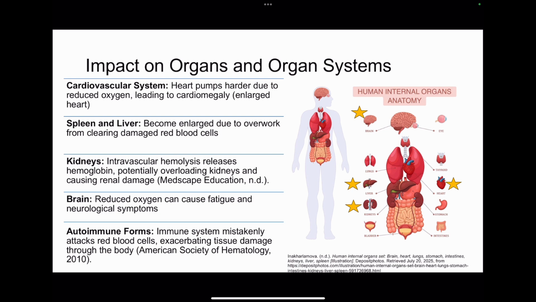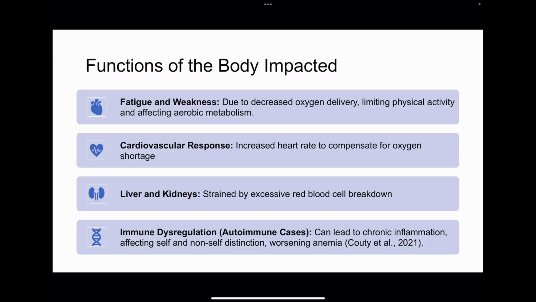In autoimmune forms of hemolytic anemia, the immune system mistakenly attacks the red blood cells, exacerbating tissue damage throughout the body. The function of the body impacted. Beyond the organ level, hemolytic anemia impairs several key physiological functions of the body. Patients commonly experience fatigue and weakness due to decreased oxygen delivery, which limits physical activity and affects aerobic metabolism.